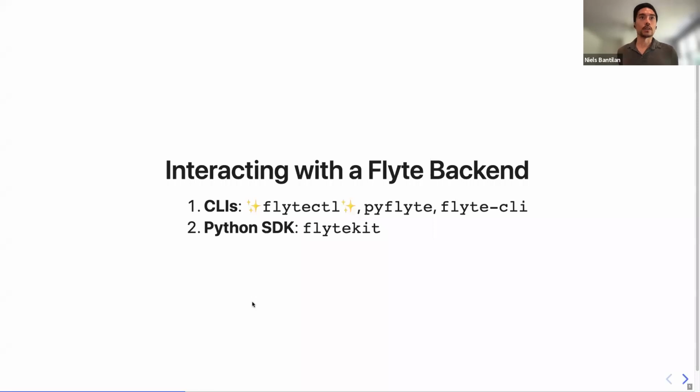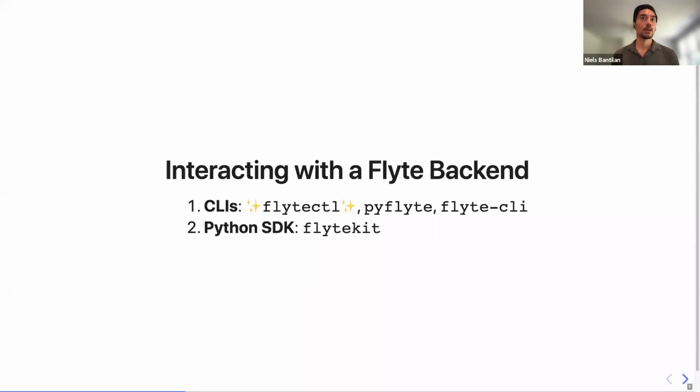Just as a reminder, currently there are two ways of interacting with the Flyte backend besides the console, obviously, so programmatic interaction, I suppose. There are a bunch of command line interfaces, FlyteCTL being the newest, shiniest one. In the past, PyFlyte and FlyteCLI also offer some ways of interacting, like registering tasks and workflows.